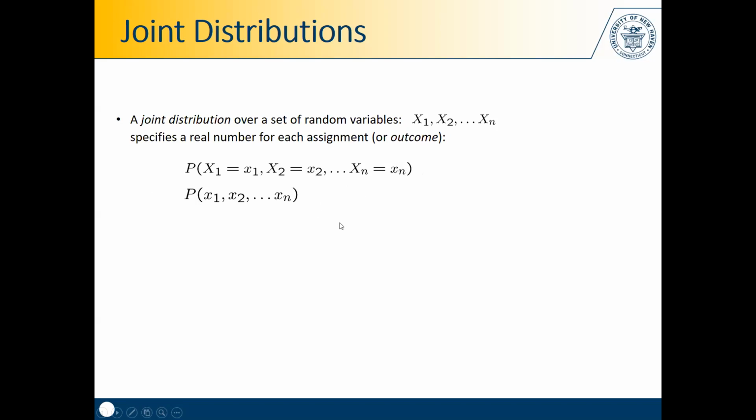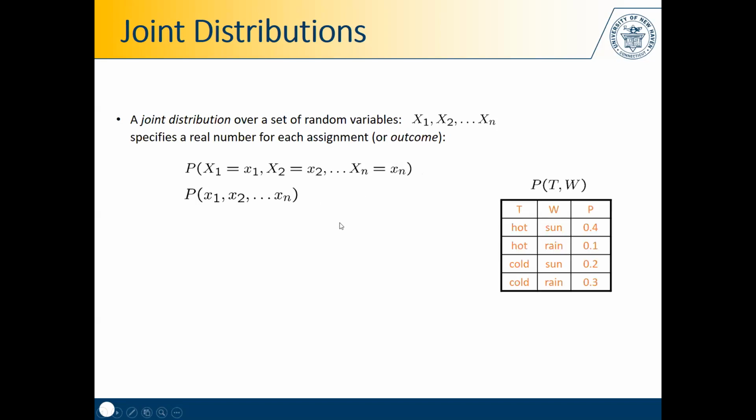So what does this mean? How can we interpret this? Essentially, it's telling us the probability of the outcome of the first variable being x1 and the outcome of the second variable being x2 and so on. For example, imagine you have two random variables, temperature and weather.